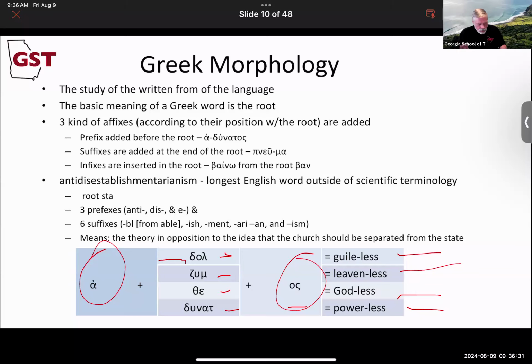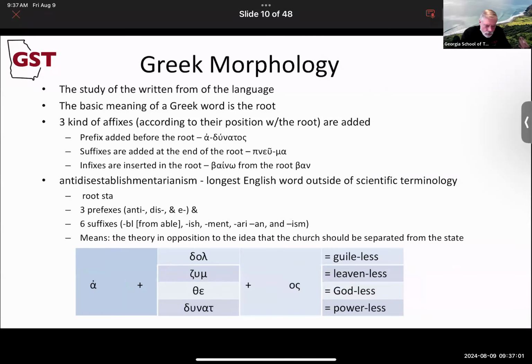In this case, I forget the right word, but it is making it be godless and powerless, or without God, or sort of anti, without, opposite. But alpha can function other ways too, so it doesn't just mean anti. That's what I'm trying to say. In this case, that's how it's being used. Yes. Okay. All right. Yes, sir.